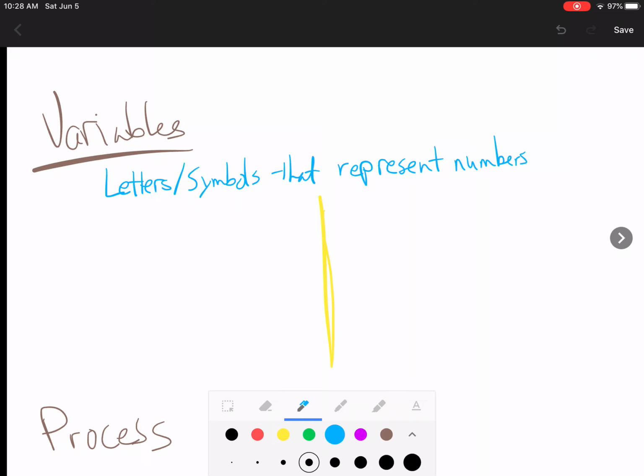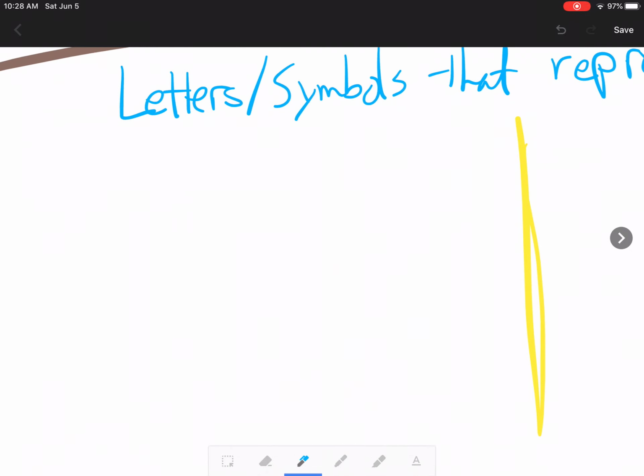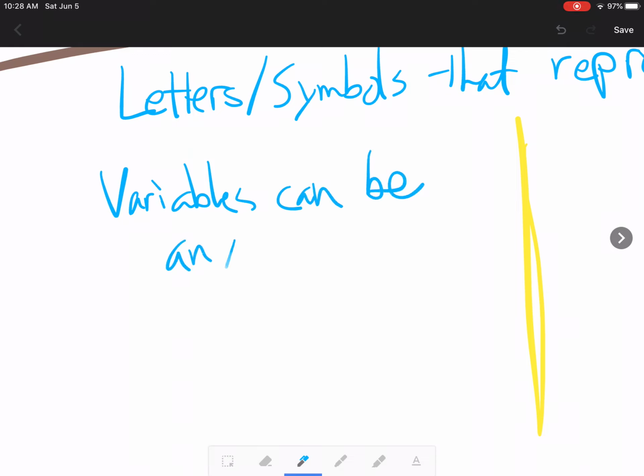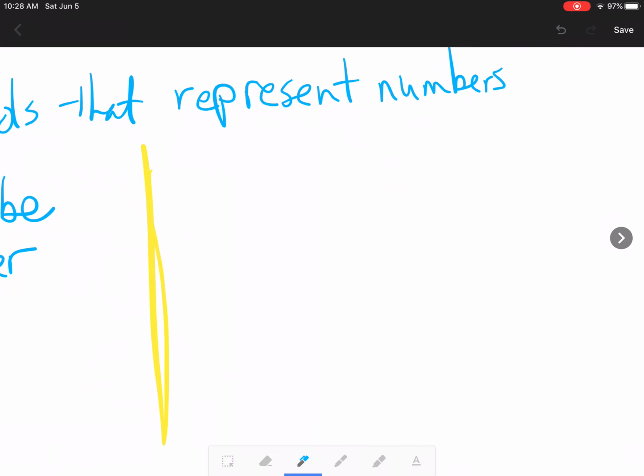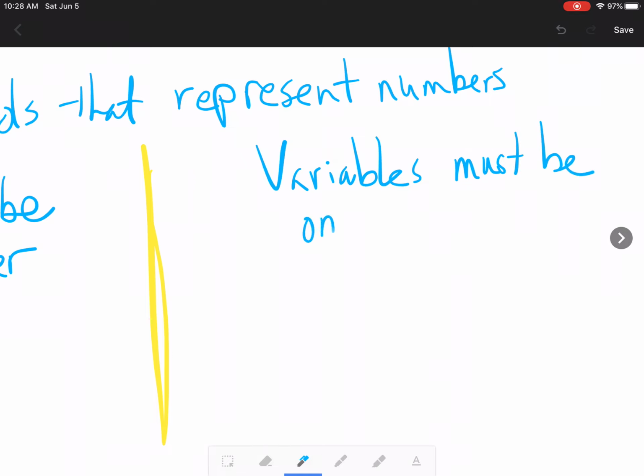On one side, we have where variables can be any number we want them to be. On the other side, we have when variables must be one number, and sometimes, depending on the equations you're dealing with, you could actually have more than one number. So the variable must be a specific thing.